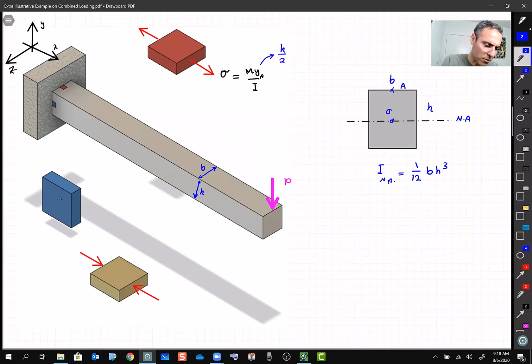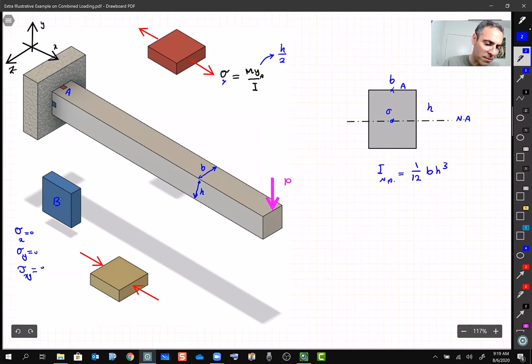So this is point A. For point B, everything is 0. Nothing is going on there. Sigma X is 0, sigma Y is 0, and tau XY is 0. Nothing, we don't have anything there.